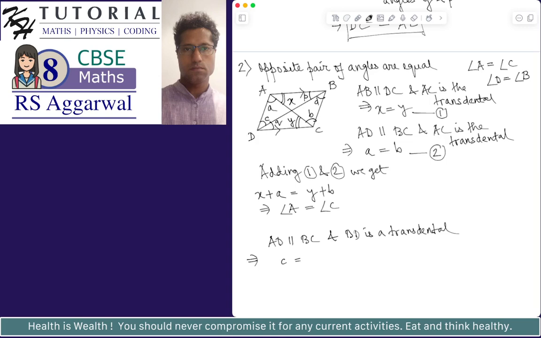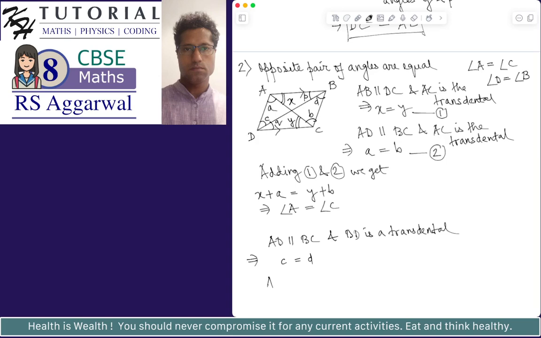So angle C must be equal to angle D, because they are alternating interior angles. Call this equation 3.